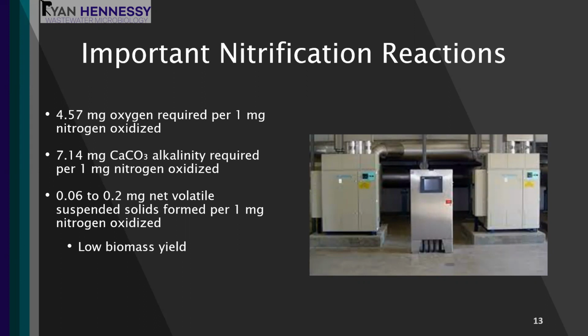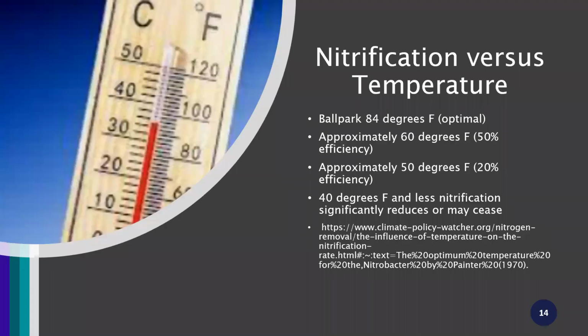So when we have nitrification, there's a very low biomass yield, and there's just not a lot of energy produced in that reaction versus the reactions that you have with heterotrophic bacteria. So there's a low biomass yield, and that's why we need a higher sludge retention time or sludge age to generally sustain a population of nitrifying bacteria.